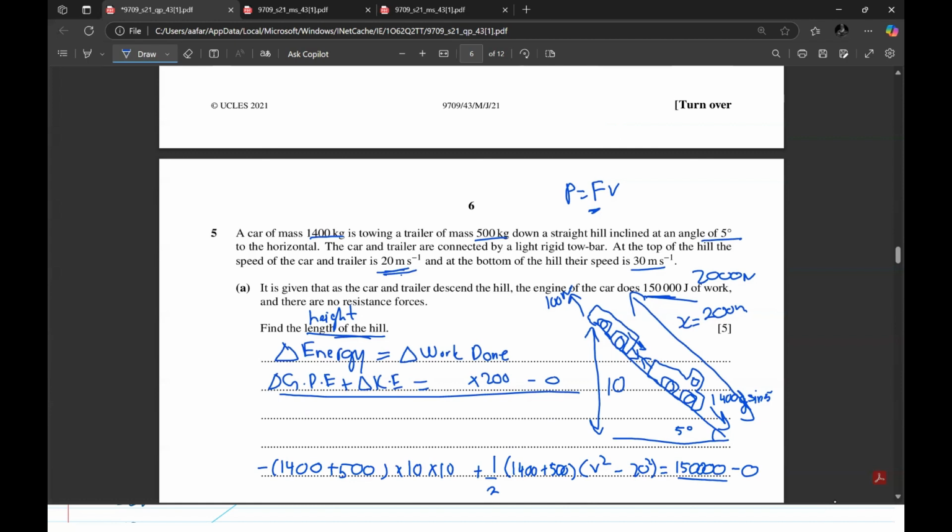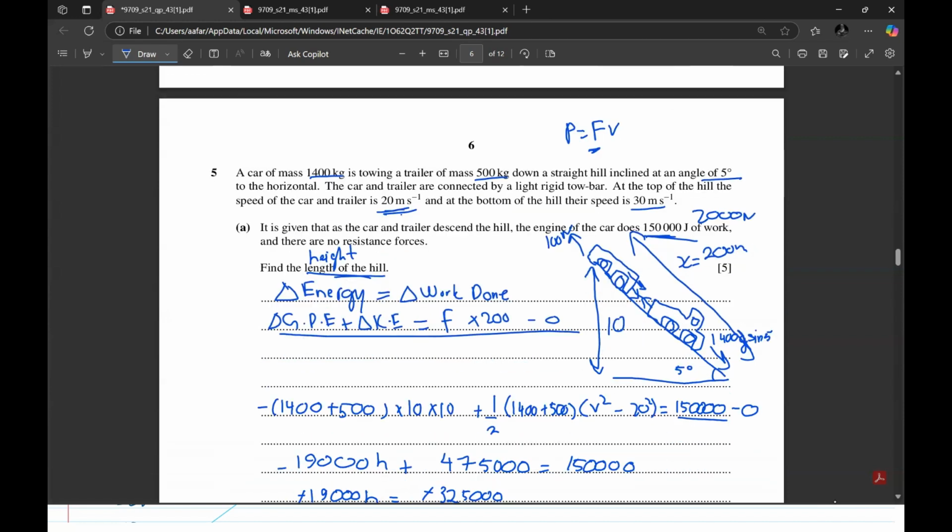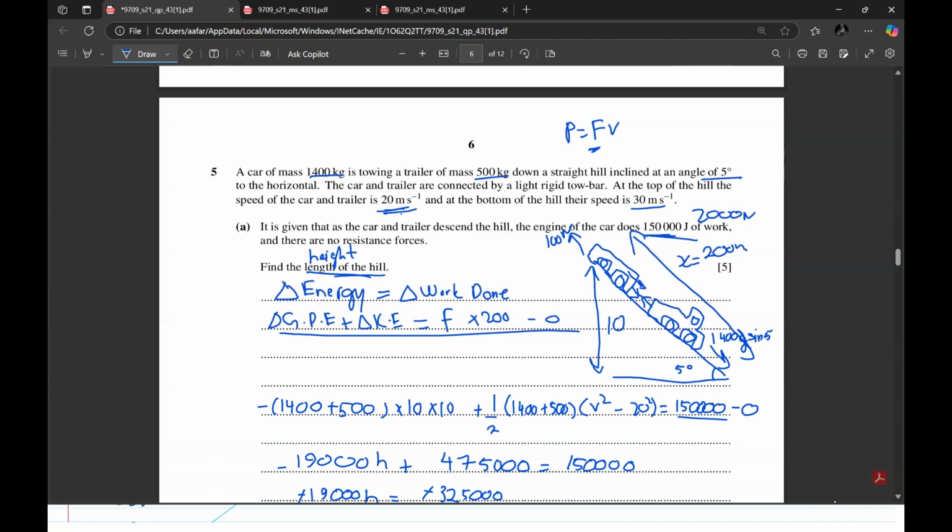So basically the driving force into this length will be the work done by the driving force, which will be equal to the change in energy, which will be change in GPE, which is decreasing since it's going down the hill, and the change in kinetic energy, which is increasing since the speed is increasing. That's how we find the driving force. So basically, this is the same situation. F is the driving force. It's F right here.